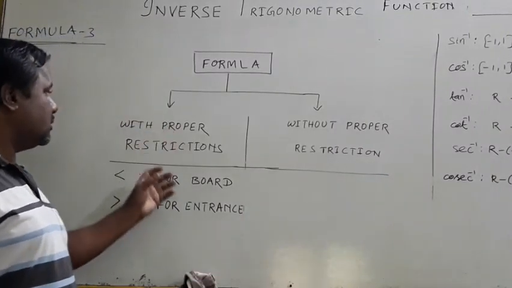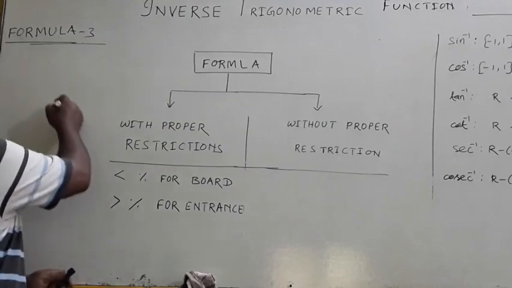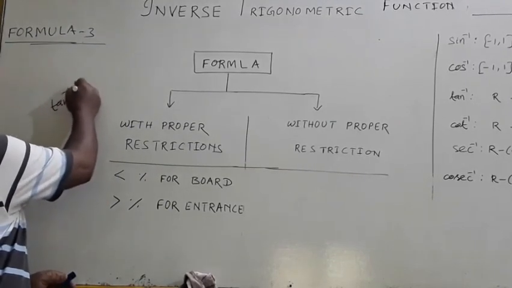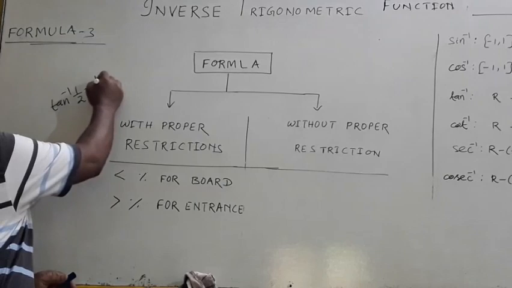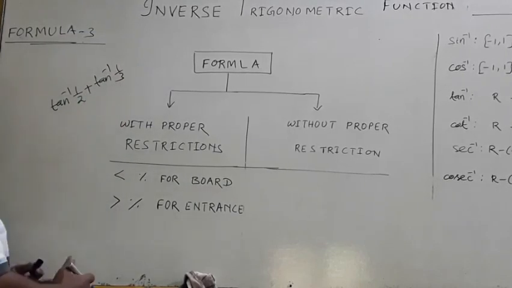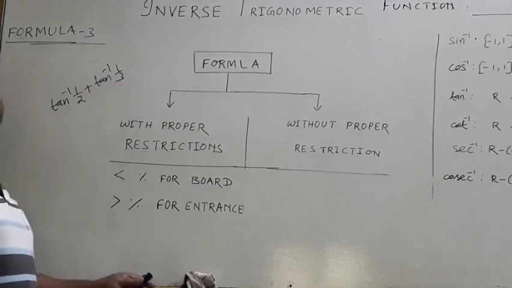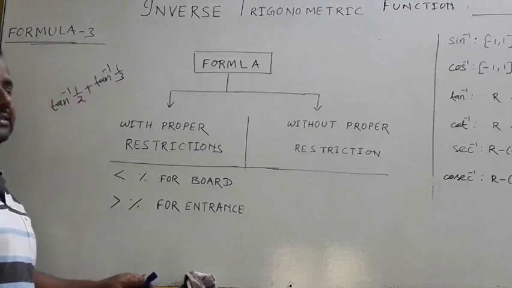Proper restrictions will come when values are given to you. Suppose I ask you tan inverse 1 by 2 plus tan inverse 1 by 3. Then there are conditions for it. This is x, this is y, x into y less than 1, x into y greater than 1. There are so many restrictions.